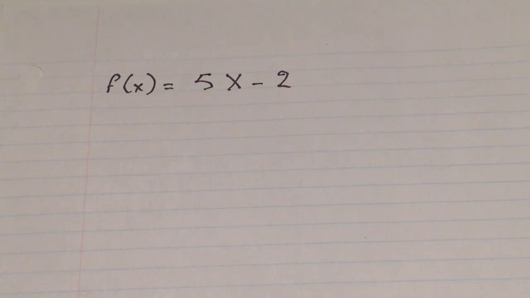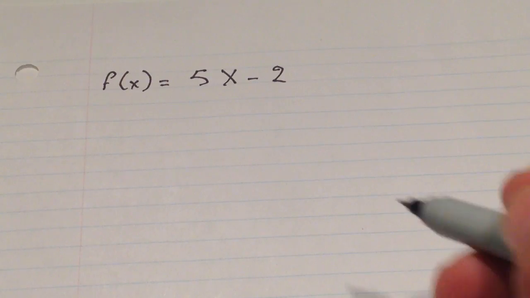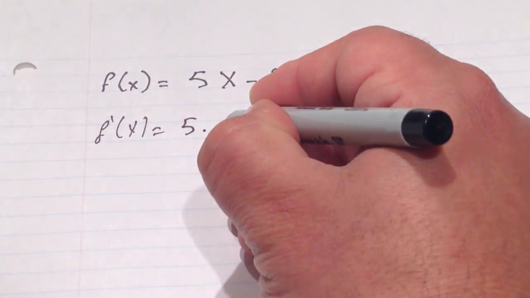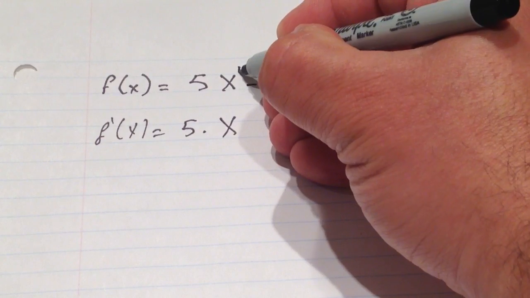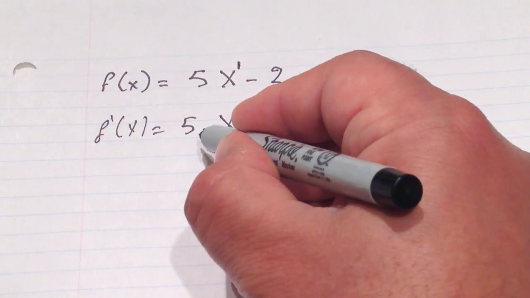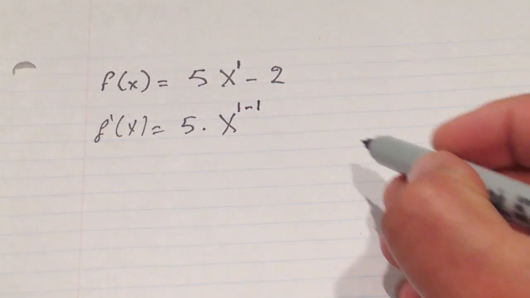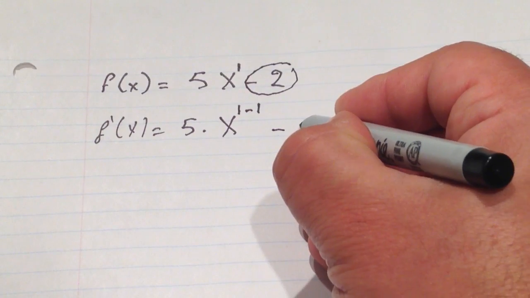Let's solve another example. If we have a function that is equal to 5x minus 2, the derivative will be equal to 5 multiplied by x, and since the power of this x is 1, the derivative will be 5x to power 1 minus 1, and the derivative of this constant is 0.